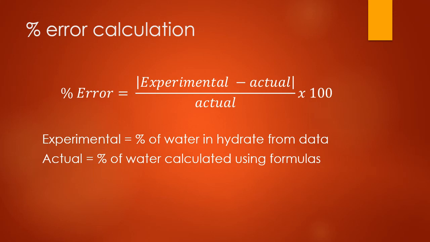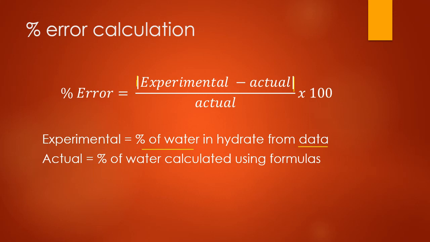So to calculate percent error, remember these are absolute value signs, so you're going to get a positive number. Percent error is experimental minus actual and then divided by actual. So what's going to go in these spaces? For the experimental, that's going to be the percent of water that you calculated using your data, the actual experiment itself.